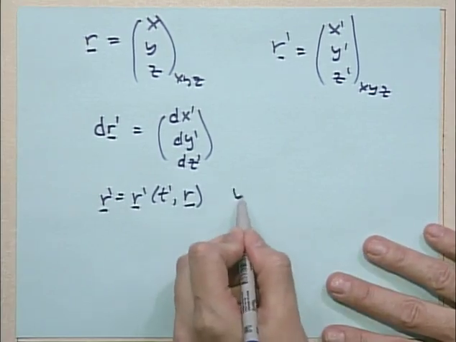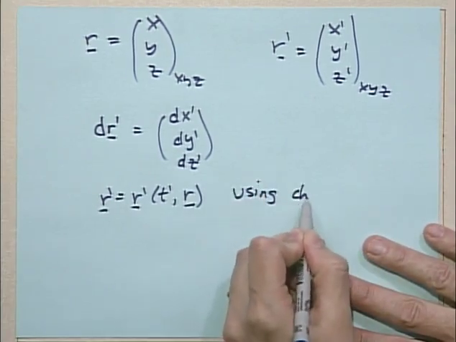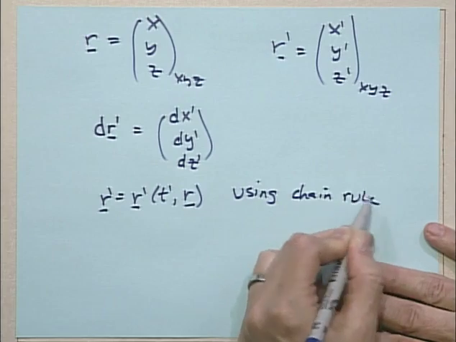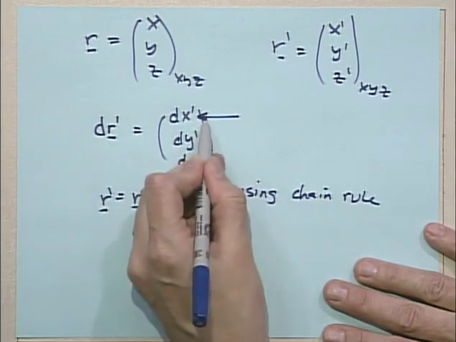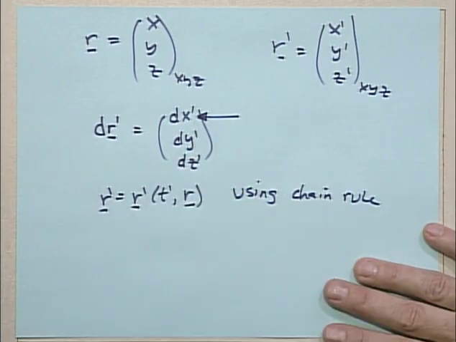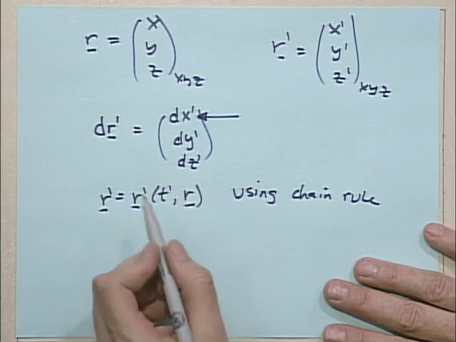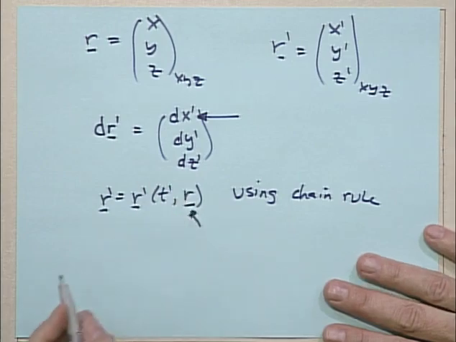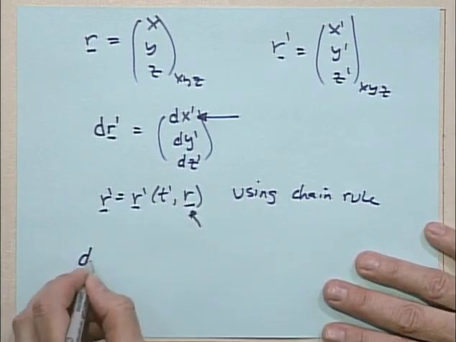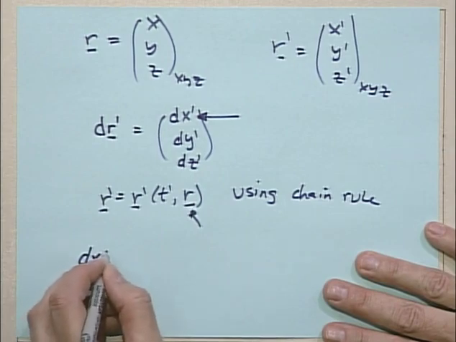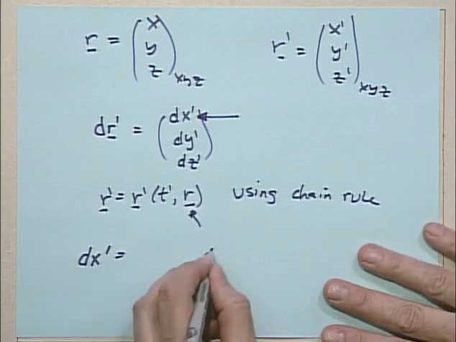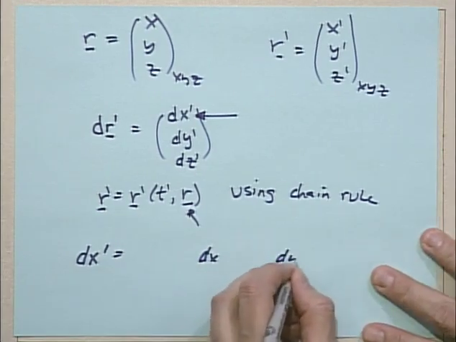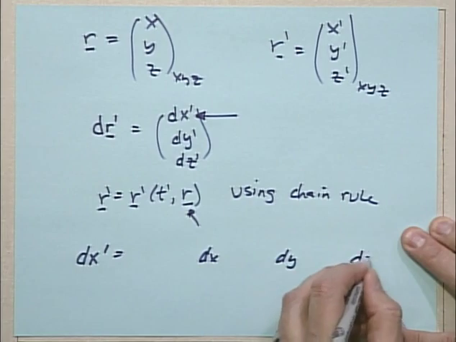So using the chain rule, I can write these little changes in location in terms of the initial location. So for instance, I can write dx prime as a function of dx, dy, dz, okay?